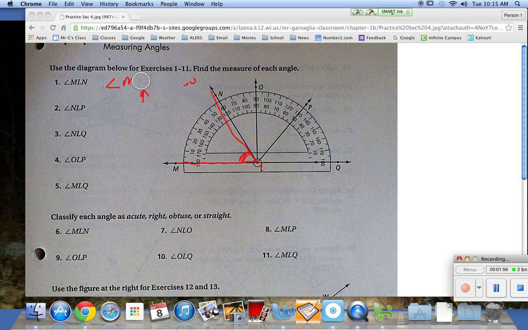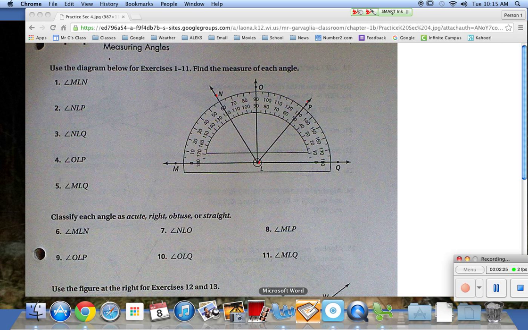Let's look at the next one. Damien, I'm looking at angle NLP. Angle NLP.